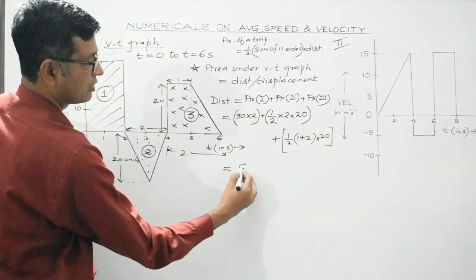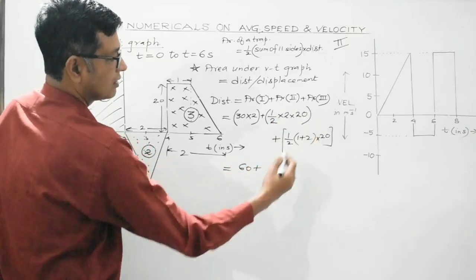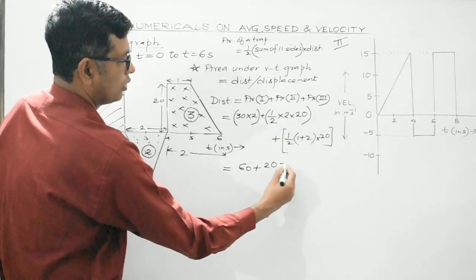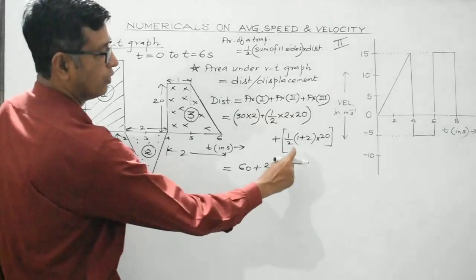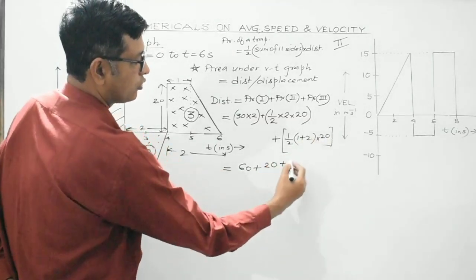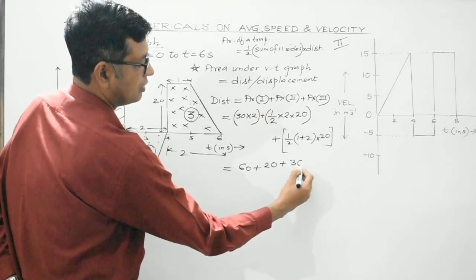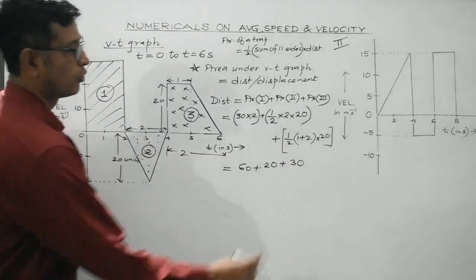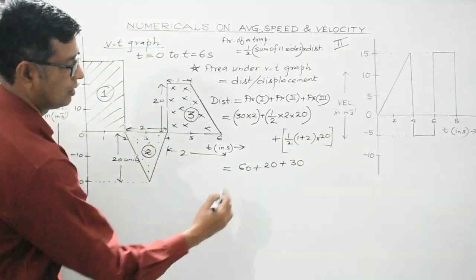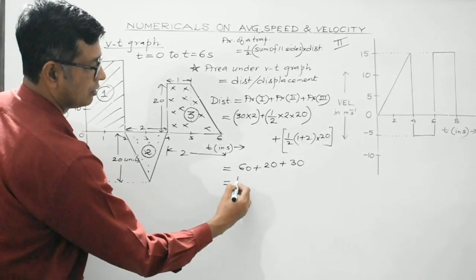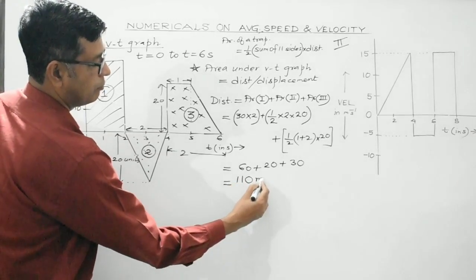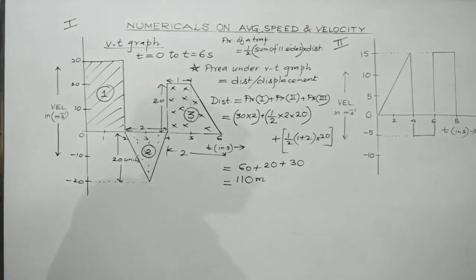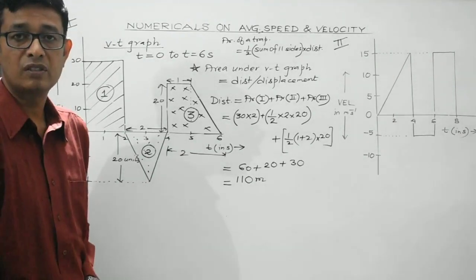It will give us 60 plus 2 to get cancelled. It will give us 20, and over here 10 into 3, that is, it will give us 30. Is it clear? So what we get is 110 meters. Have I made myself clear, students?